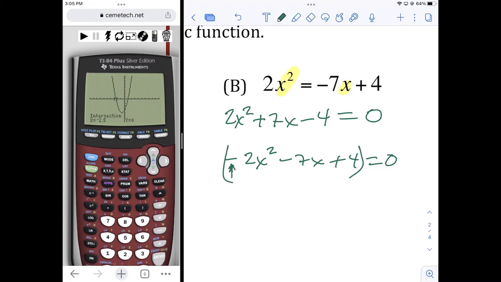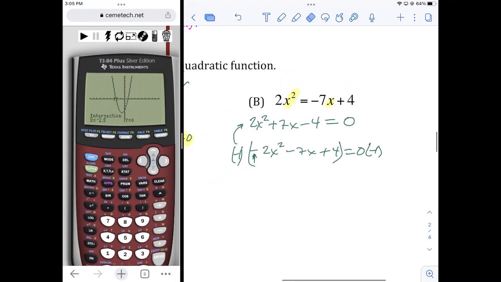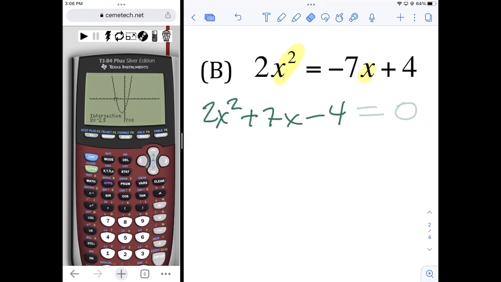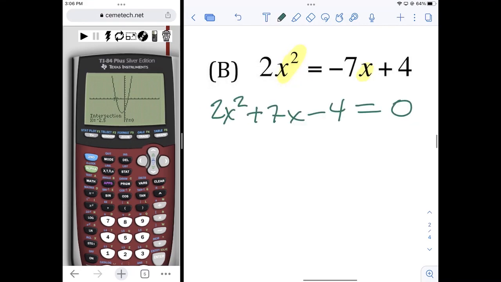I'm just going to multiply this by -1 and multiply this by -1, and guess what you get? You get that right there. Okay, so if you find yourself with a negative leading coefficient and it's equal to 0, just on the line below, just go through and change all the signs. It's fine.